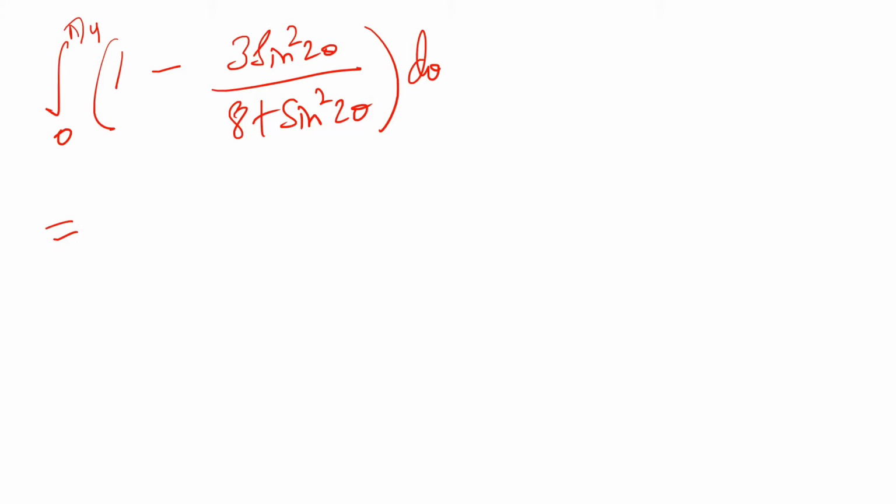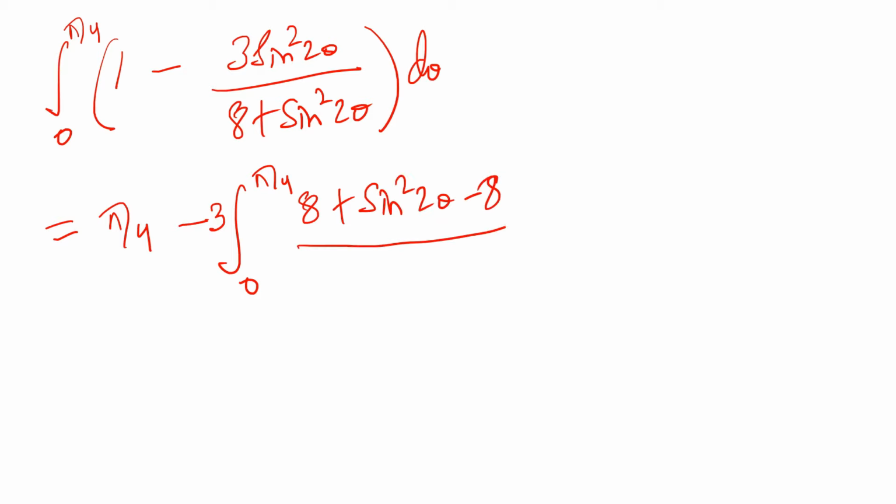Now it becomes pi by 4, because the integral of 1 d theta will be just theta and the limits are 0 to pi by 4. So it becomes pi by 4 minus integral 0 to pi by 4. Take out 3 common. Now students, we are just left with sin square 2 theta in the numerator. So again add 8 and subtract 8 in the numerator. I am repeating the same process again. Now I will be dividing by the denominator.